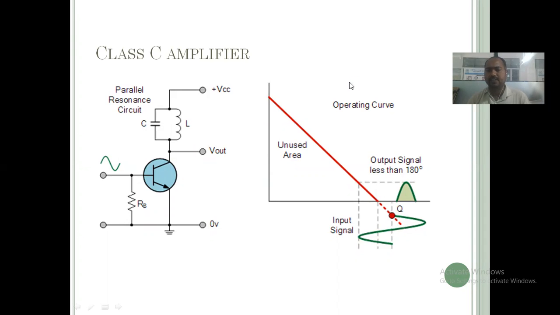So that's why the application of class C amplifier is not as an audio amplifier, right? Because when we use the class C type of amplifier, it has higher efficiency, but the other effect is that some of the information is lost, right? So that's why it is used for other applications.